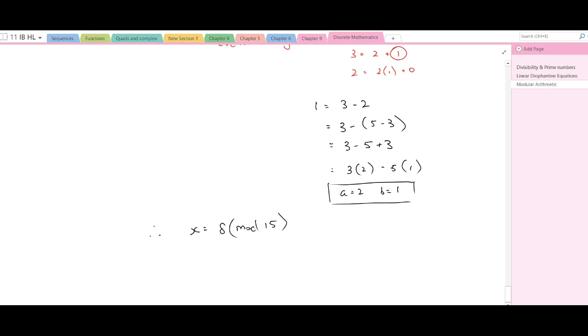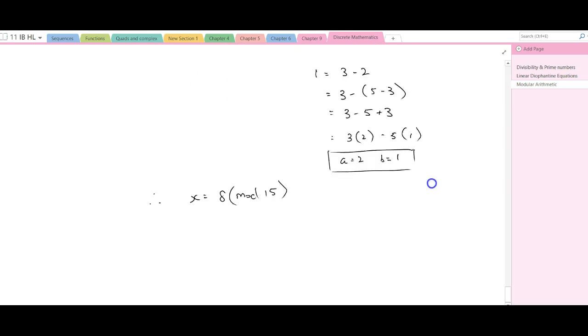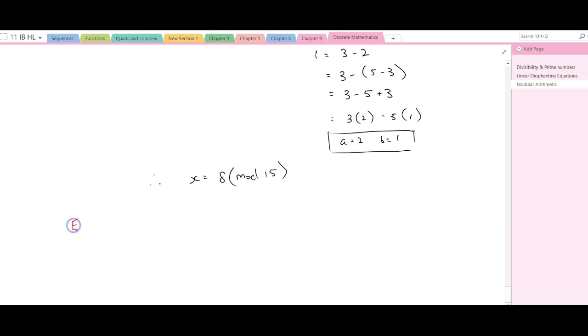Okay, shall we do an example? Just having a look here, we can go to exercise 5D, and I'll get you to pause the video. Let's do question 1A part 1, but we won't need to use the Euclidean algorithm or the Diophantine equations for that.